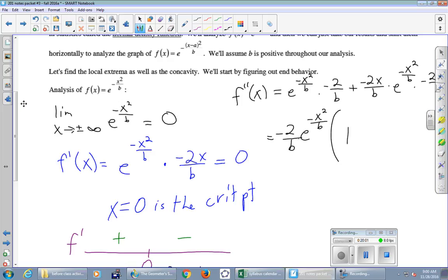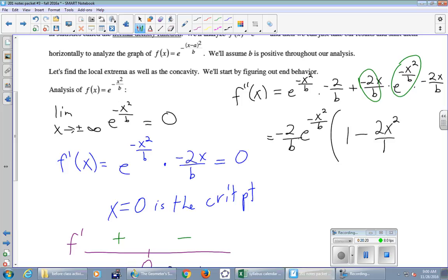I'm going to try to circle what's already outside. So that is outside, and -2 over b is outside, but everything that I didn't circle is still here. So what I see is a negative there, an x there, and another x over here. I think that makes 2x squared over b, and that's it.